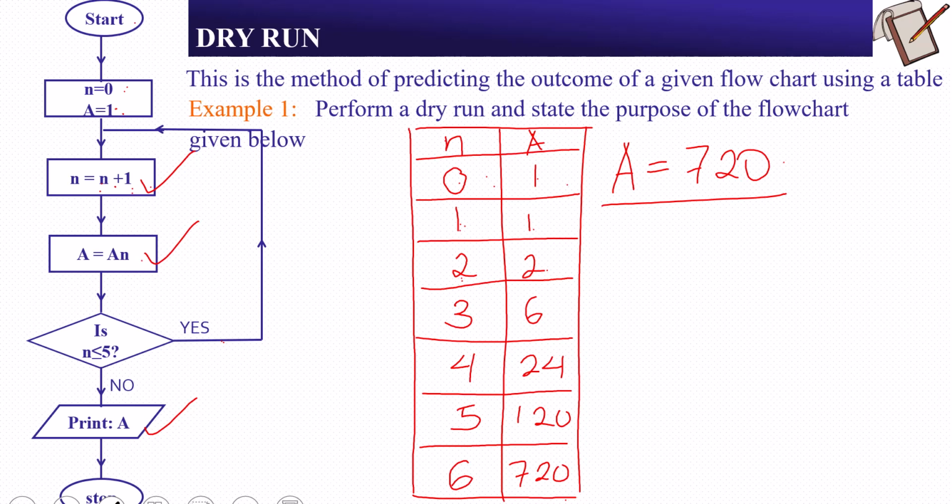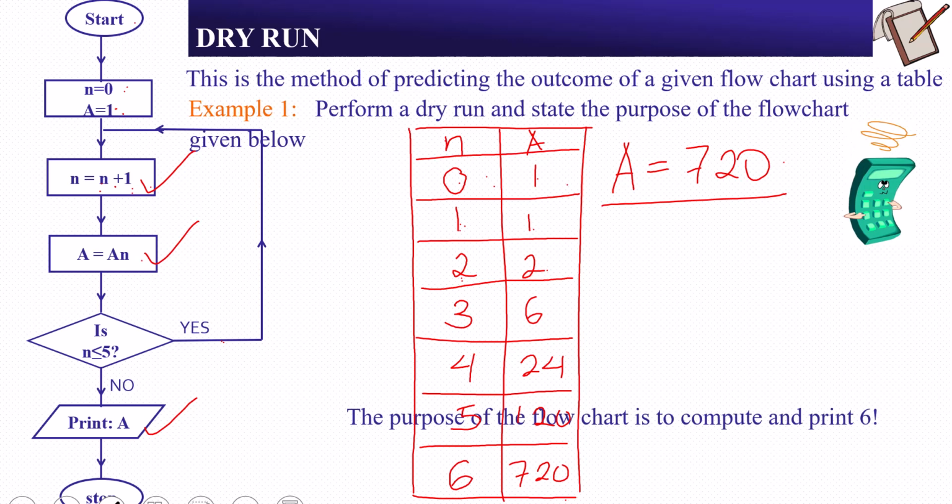So here, this is how we can state the purpose of the flow chart. The purpose of the flow chart is to compute and print 6 factorial. As you can see, 720 is 6 factorial, and it is what we printed only. If we were printing all these values, then we would say the purpose of the flowchart is to compute and print the factorials of numbers from 0 up to 6.